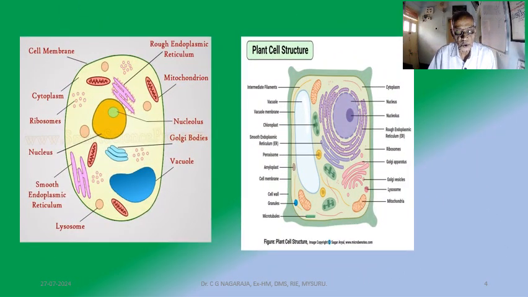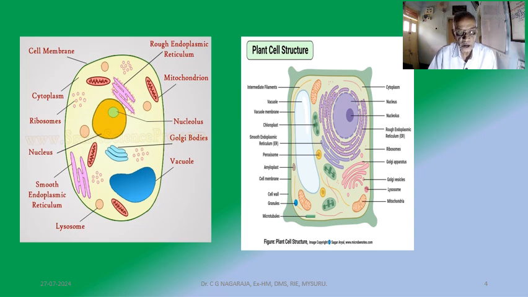Here are two representative diagrams of the plants and animals. Every animal in the world will have cells, and those cells may have all the parts present in the typical cell given in animal cells. Similarly, all the plants in the world will have the same structures in the cell as given in the plant cell.